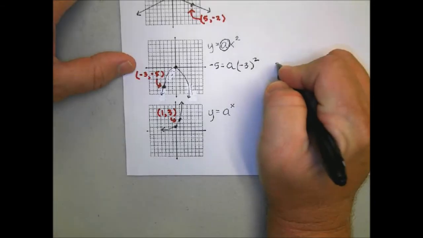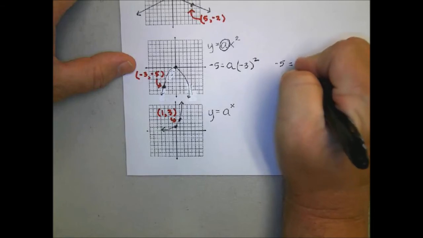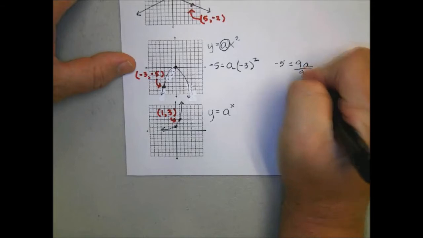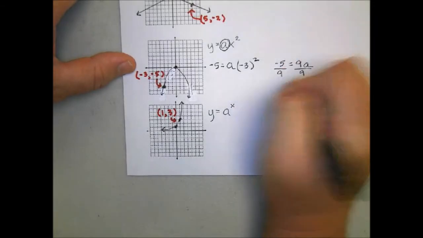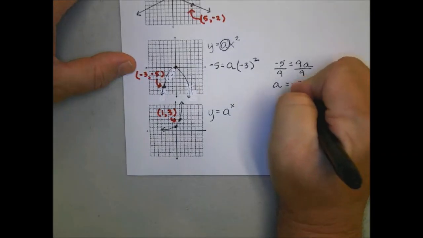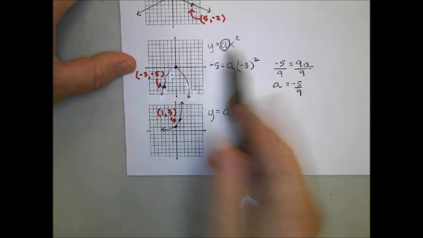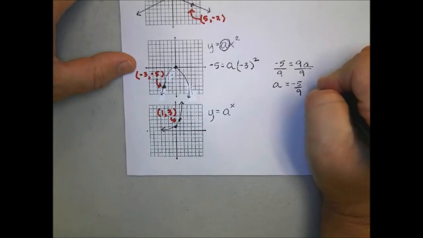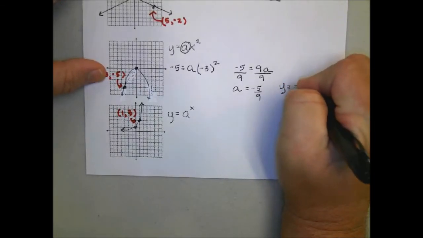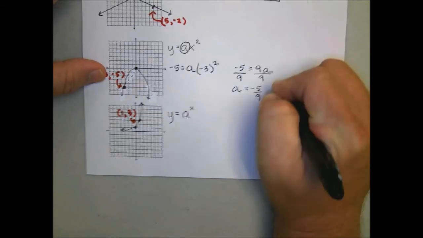So now you've got negative 5 equals, negative 3 squared is 9, so 9a, divide both sides by 9, and you've got a equals negative 5/9. Now you know your a value. Now you know your leading coefficient. So the equation of this down parabola is y equals negative 5/9 x squared.